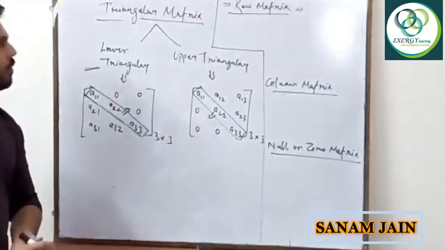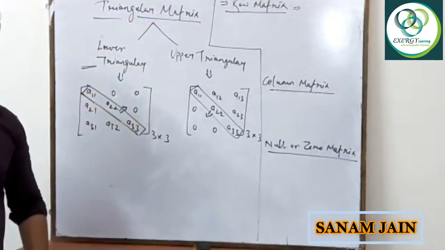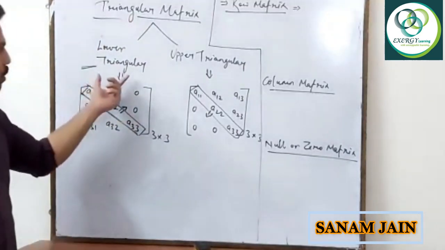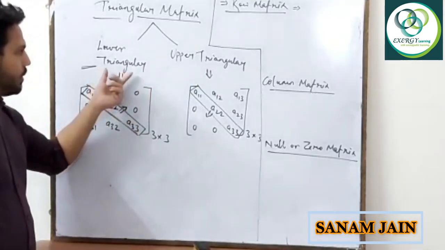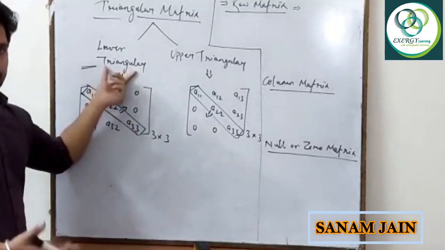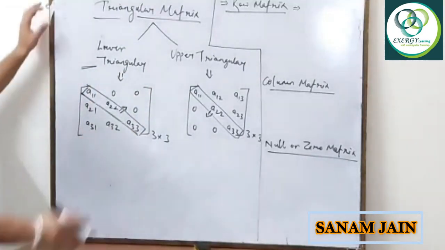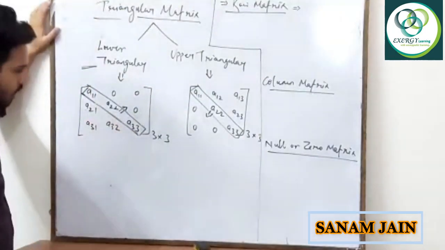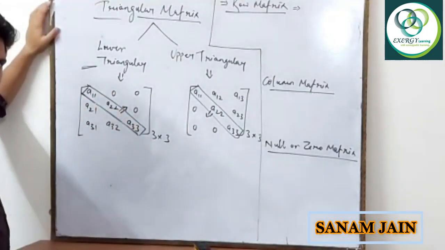So now we are talking about the last type of square matrix, that is the triangular matrix. A triangular matrix is of two types, lower triangular and upper triangular. This can be explained by the name: triangular means triangle, right? So in this you can see this is our main diagonal and these are the elements which are above the main diagonal, right?